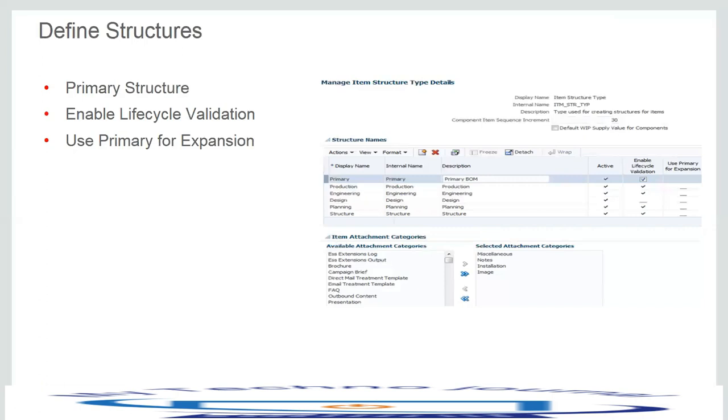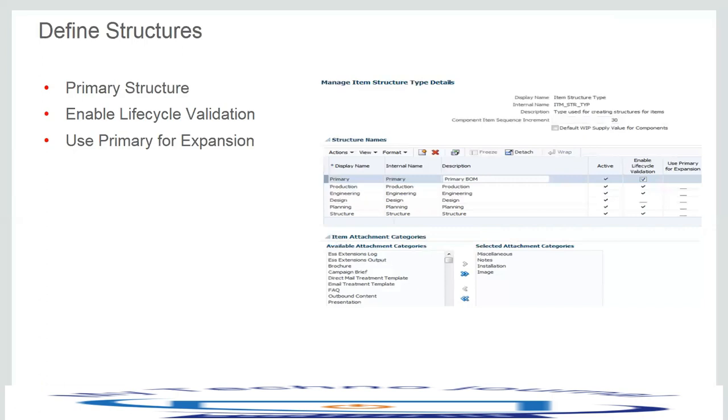Wheel being an assembly might have multiple structures including primary. So when we expand bike by applying its planning structure, and if the wheel does not have a matching planning structure, then its primary structure will be used for expansion. And structures can be made active or inactive.